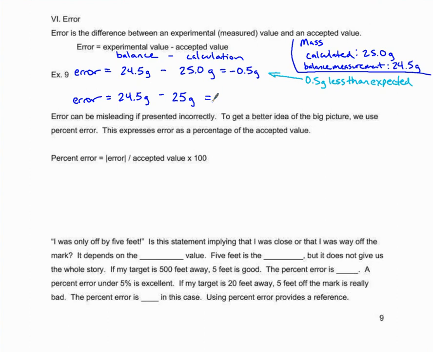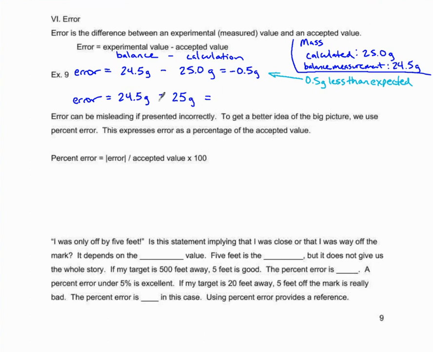Now, the rules for addition and subtraction with significant figures are fairly specific. And it says that the number with the least digits following the decimal is the one that determines the significant figures. So we have a decimal with one digit, and here we have an implied decimal with nothing after it.